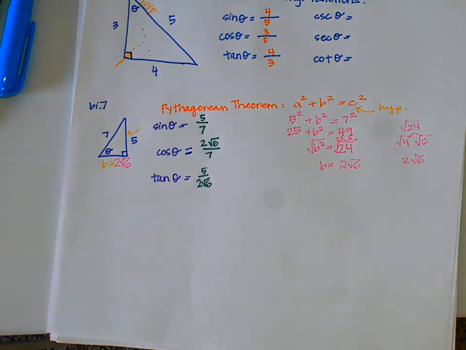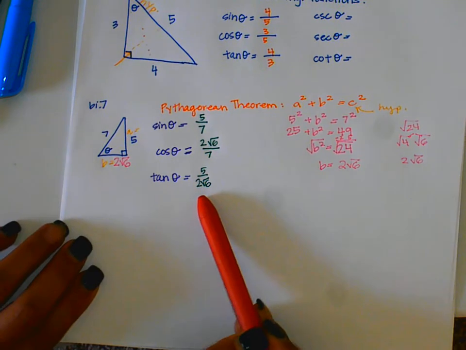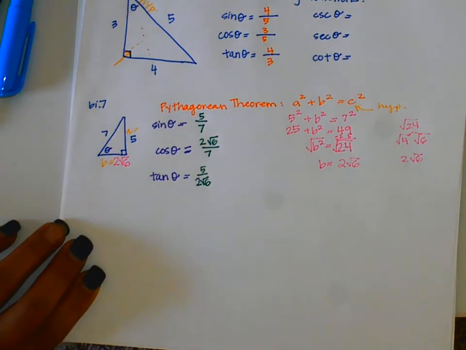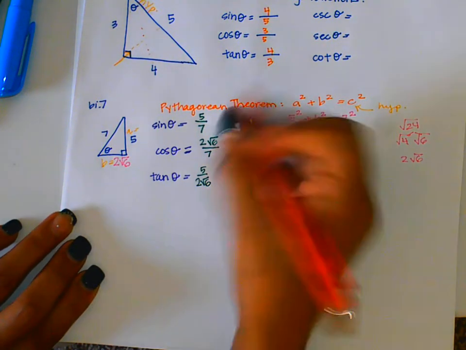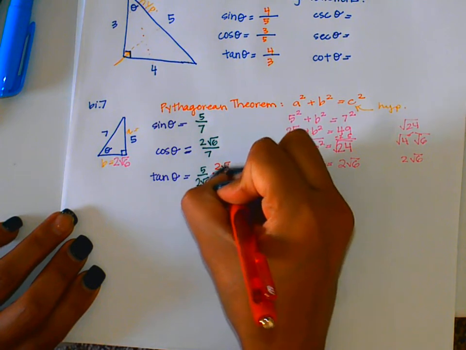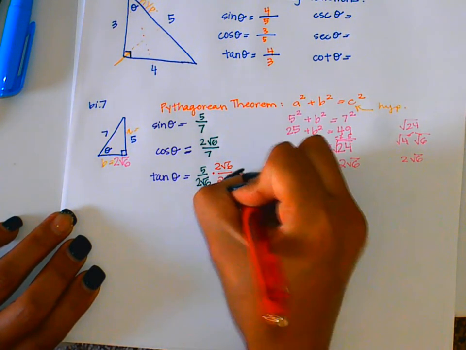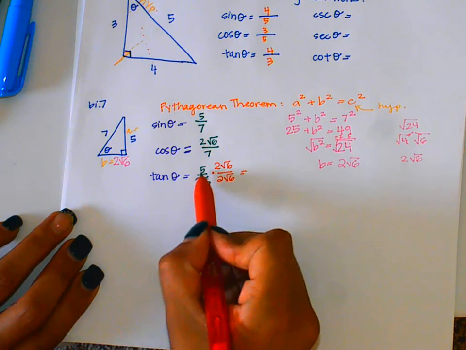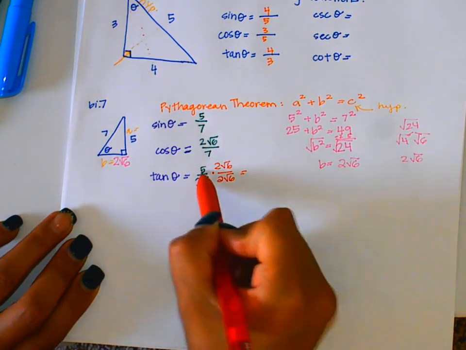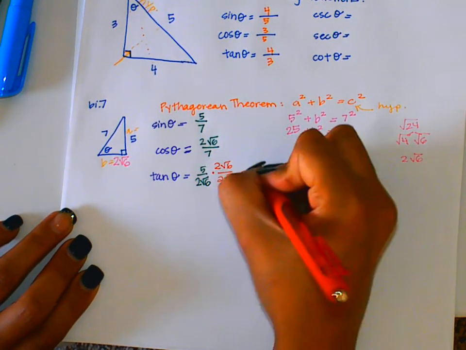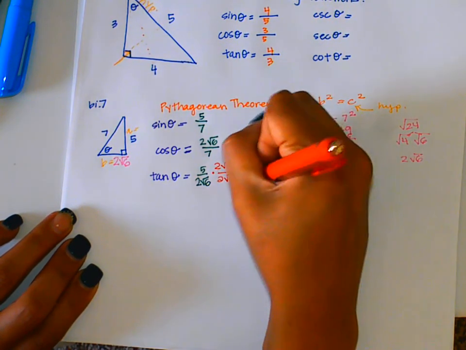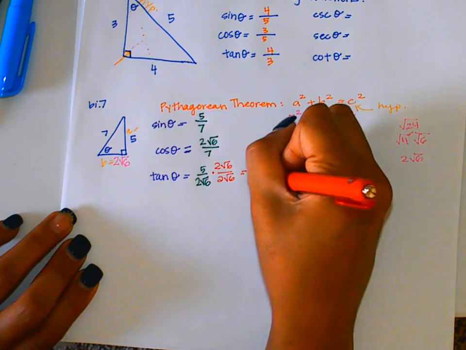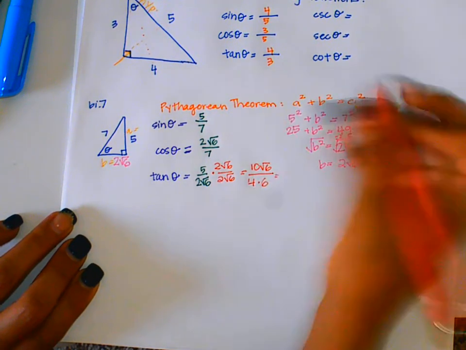Now, they're probably not going to accept this answer because you have to rationalize the denominator. I think we did this in semester 1, where it tells you that you can't have the radical in the denominator, so you need to multiply top and bottom by that radical 6. So remember, outsides with outsides only. So 2 times 5, or 5 times 2, sorry, is 10 radical 6 over 2 times 2, which is 4, times the radical 6 times radical 6, which is 6.